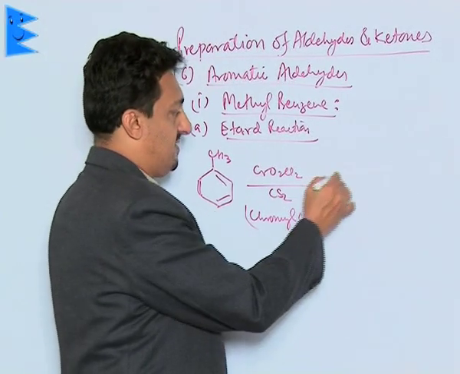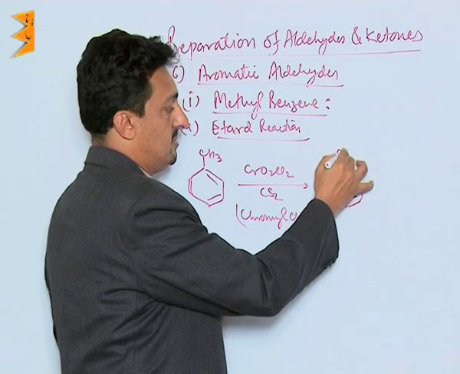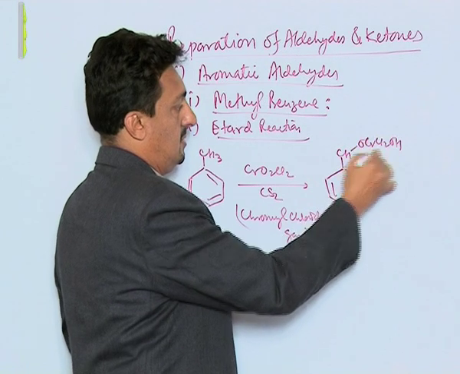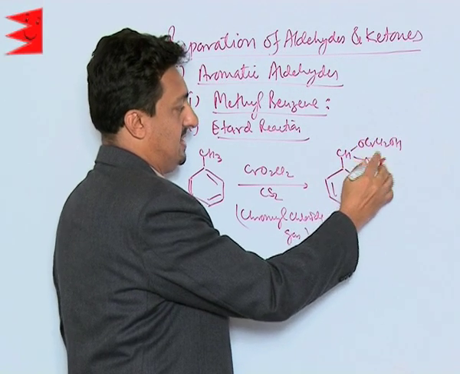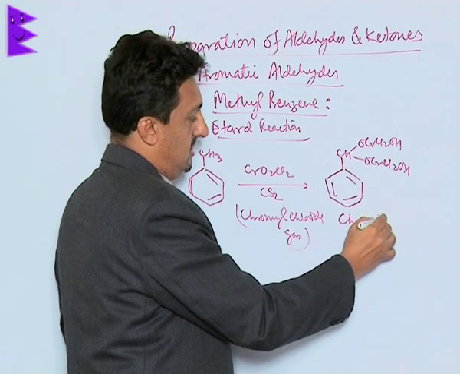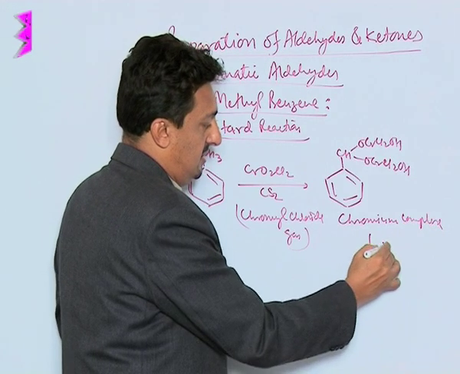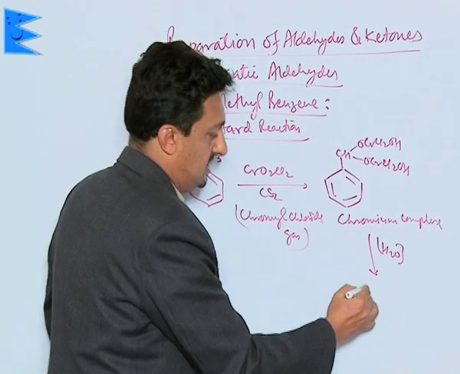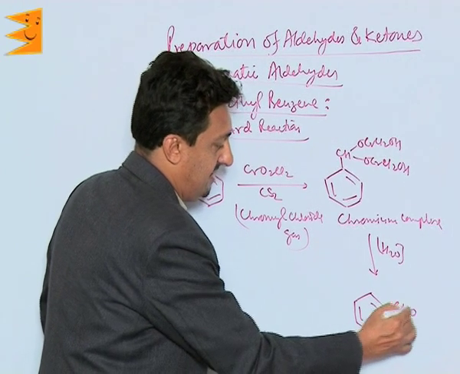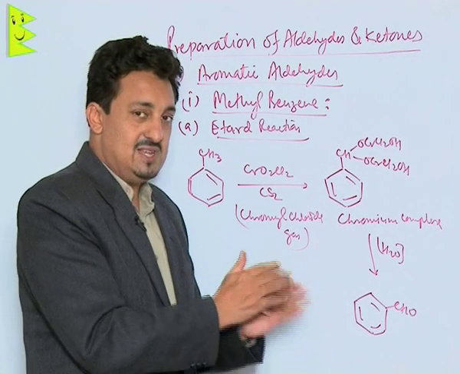Now this converts toluene into a chromium complex like this one. We call this a chromium complex. This on hydrolysis gives us benzaldehyde. So it's an oxidation, but not a direct oxidation.